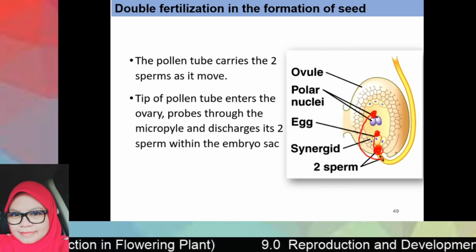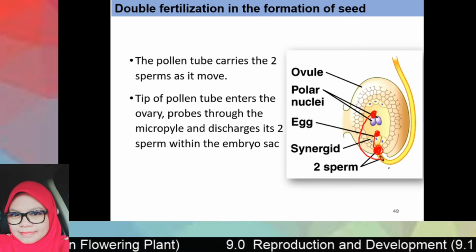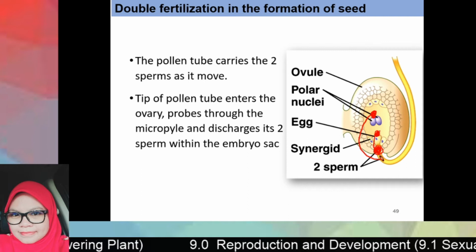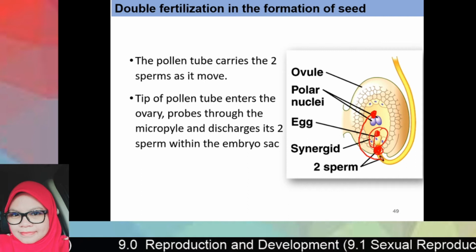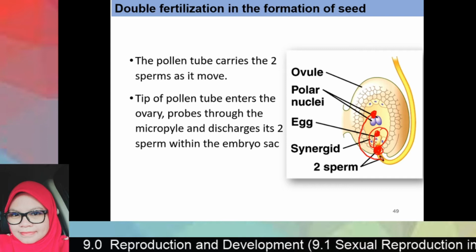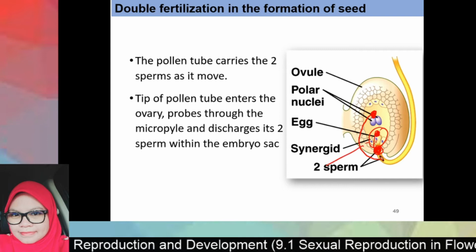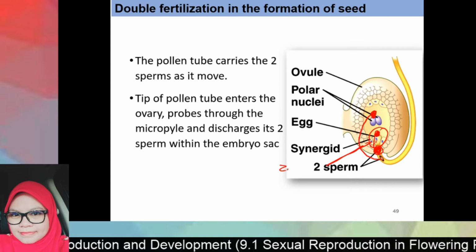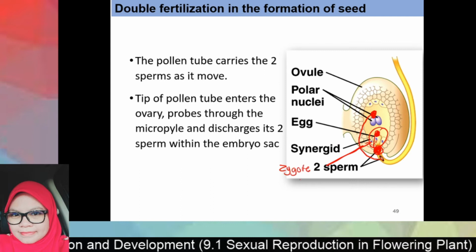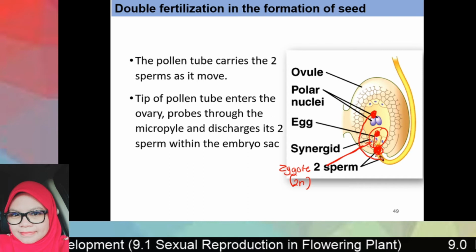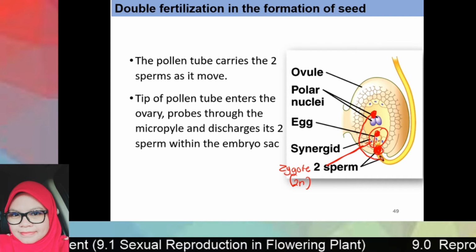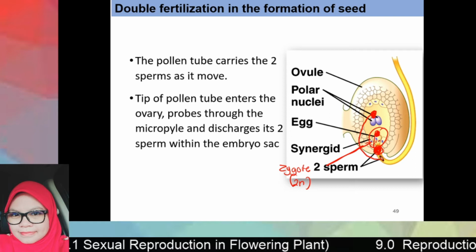So how many fertilizations occur here? Two. First, fertilization with the egg forms a structure with two sets of chromosomes, which we call the zygote, 2N. Why 2N? One N is from the sperm and another N is from the egg cell.